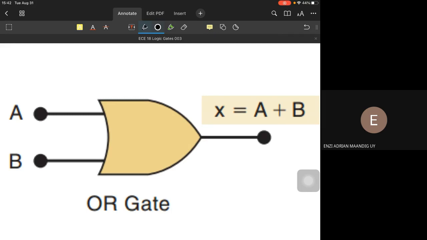If both A and B are off. If A and B are both 0, then X is 0. If both A and B are on, of course X is still on. Both are on. But if A is 0 and B is 1, X will still be 1. The same if A is 1 and B is 0.